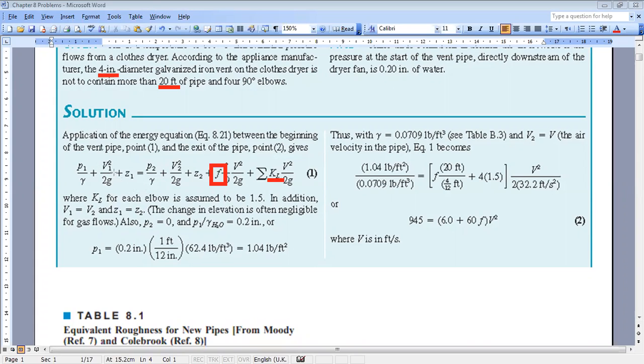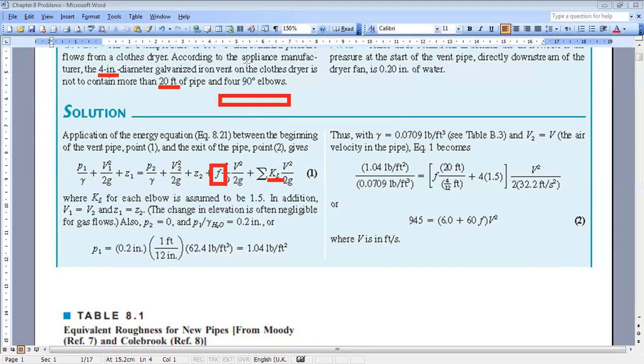Okay, and for V1 and V2, why will they be equal? Because look, here you have a flow in a duct, and the diameter of the duct is not varying. So even if you have elbows, the diameter for each cross section is the same.